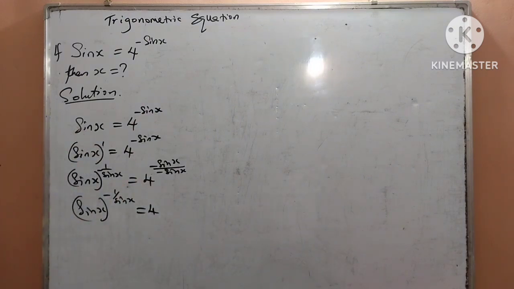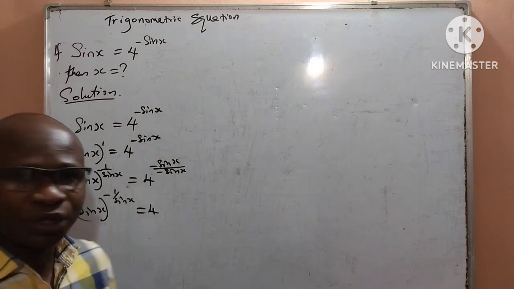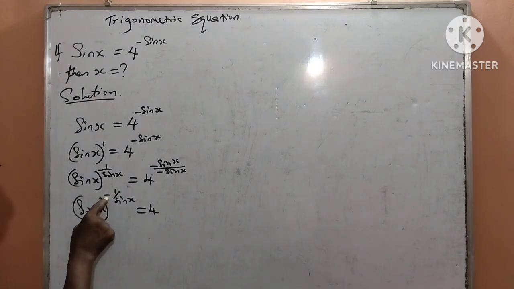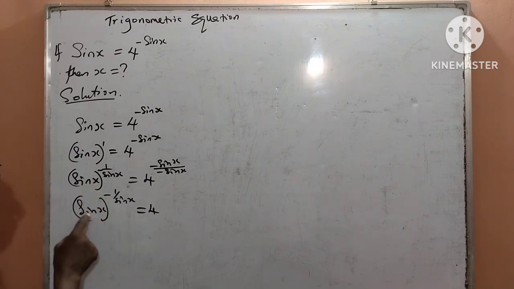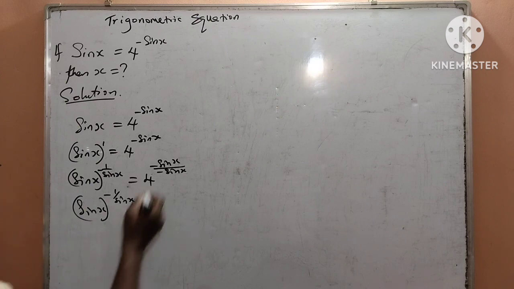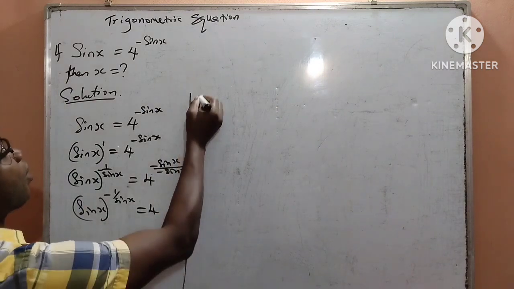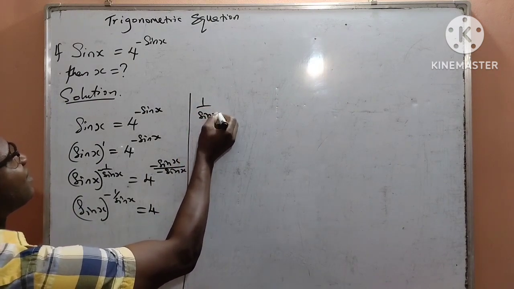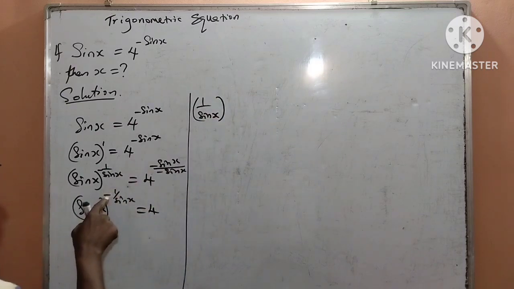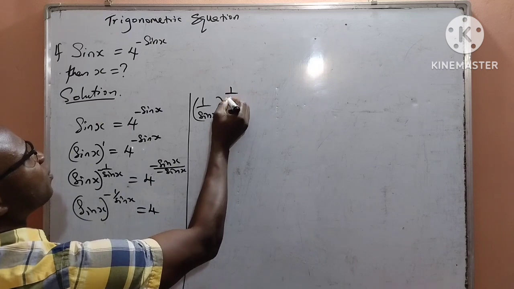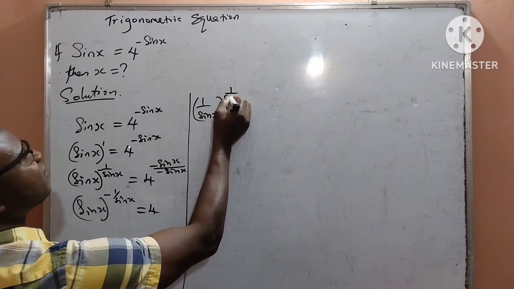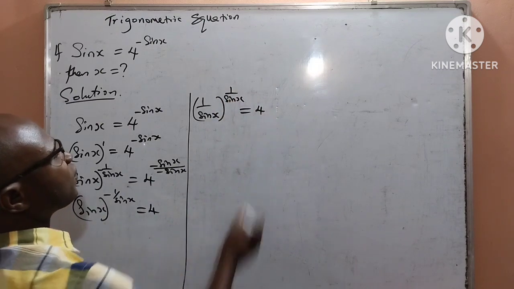As it is now, the next thing I want to do is to get rid of this negative sign at the exponent on the left hand side. And to do that, I will take the inverse of the base. That is now going to give me 1 over sine x, and that will affect the exponent to become positive sine x, equal to 4.